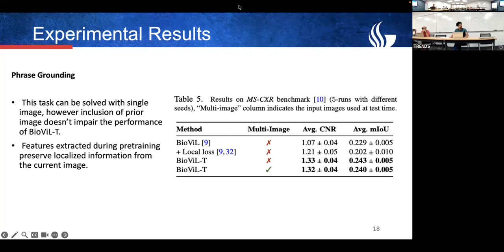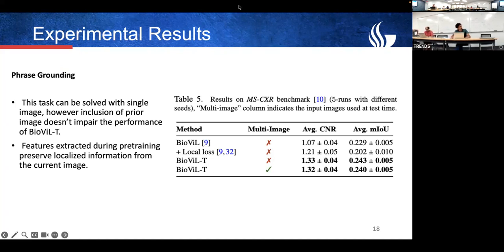Okay, and then the last task was phrase grounding. This task also is a static task because you can solve it with a single image. However, inclusion of prior images doesn't impair the performance of BioViL-T.